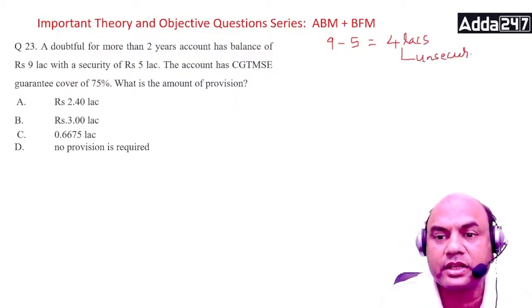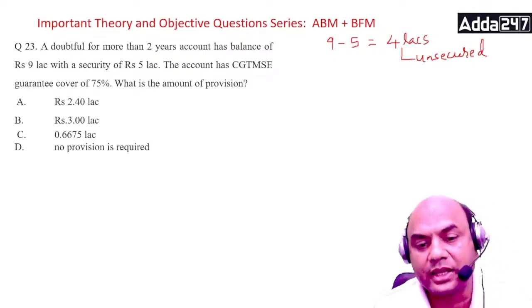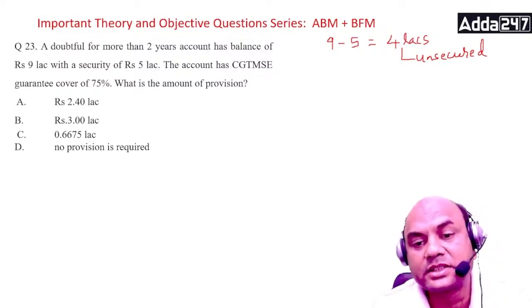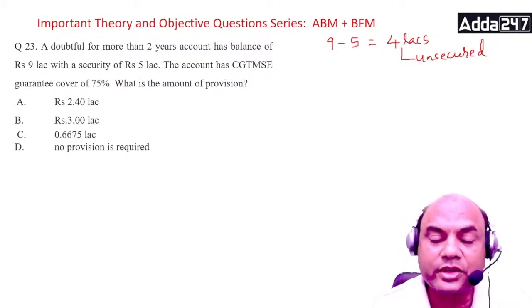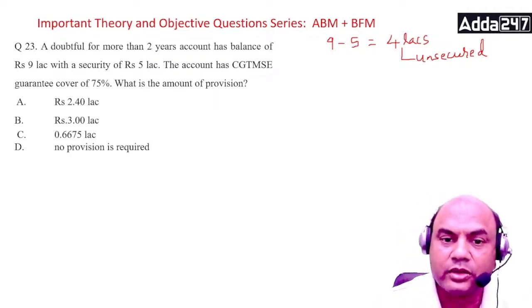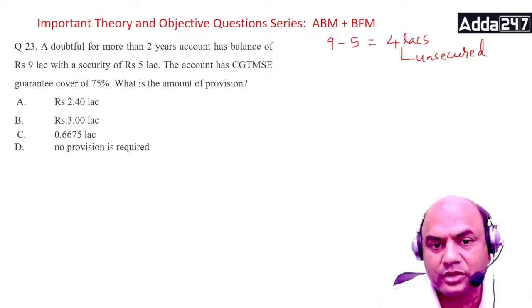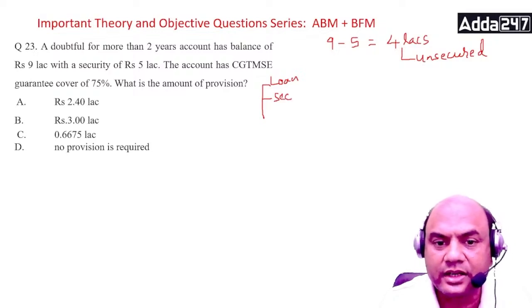But what about the further thing? What is given about the unsecured part? Now it has a CGTMSE guarantee of 75%. What do you mean by this? Now this guarantee is for which part? Remember, loans have secured and unsecured parts.